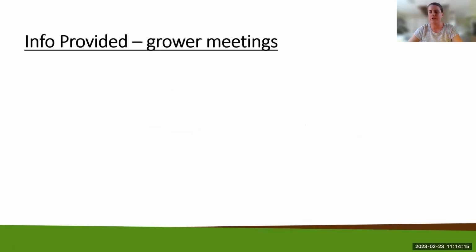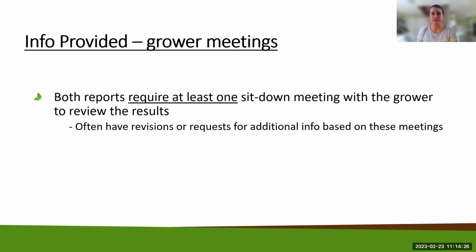One thing I want to say generally about all of these reports back to the growers is how important it is for me to meet with those growers and actually go through the results. I'll have at least one one-on-one meeting with the grower, and it's an opportunity for them to ask me questions about these written reports, as well as for me to ask them some clarifying questions if certain things aren't making sense.